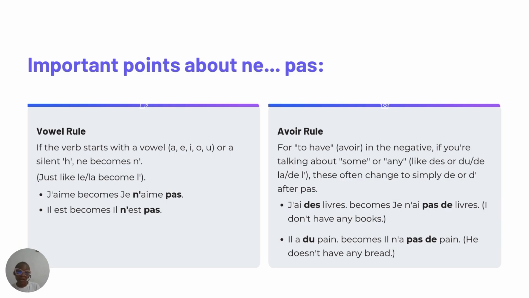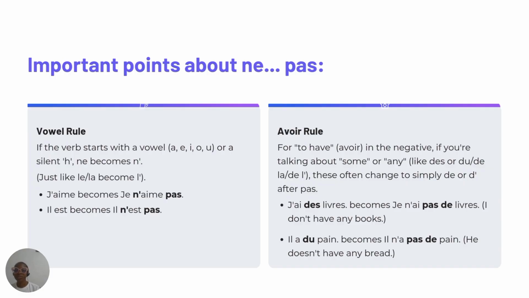Then there is the rule for avoir, to have. In the negative, if you are talking about some or any, like du, de la, or de l' apostrophe, these often change to simply de or d' apostrophe after the pas.